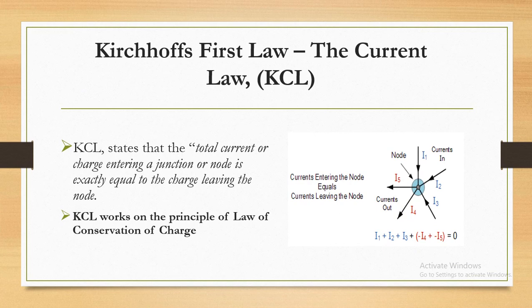This is I1 entering current, I2 entering current, I3 entering current, but I4 and I5, 2 currents, are leaving from that node. When you apply KCL for this node, that is I1 plus I2 plus I3 minus I4 minus I5 is equal to 0.